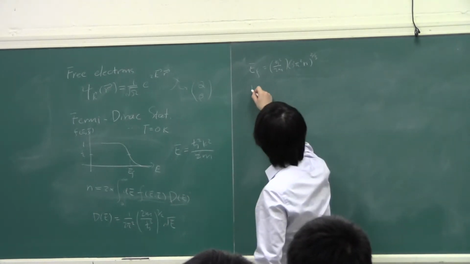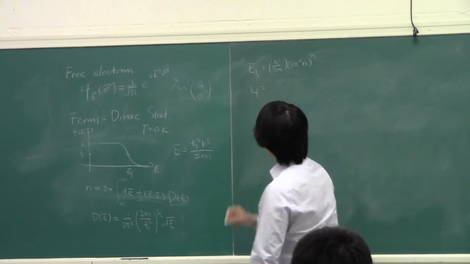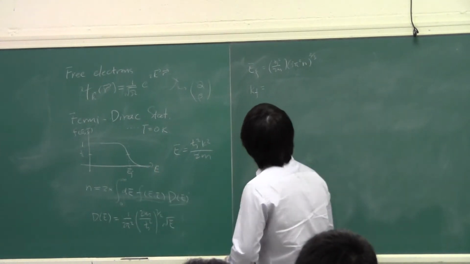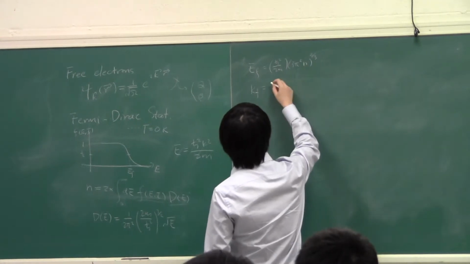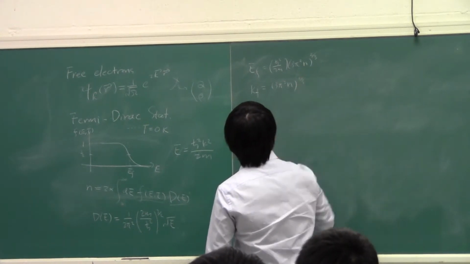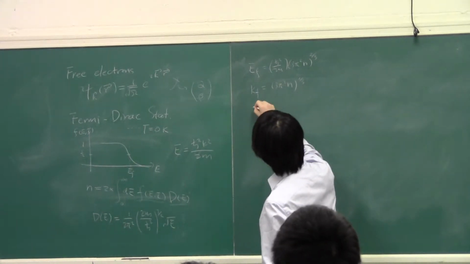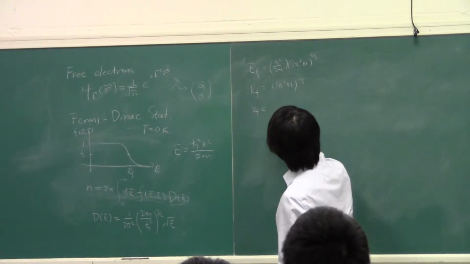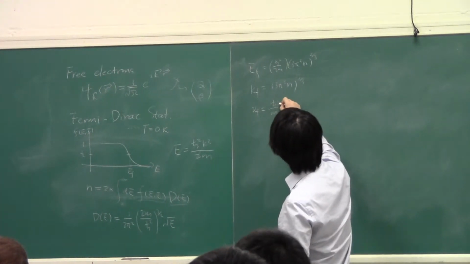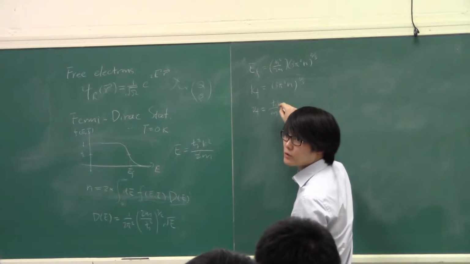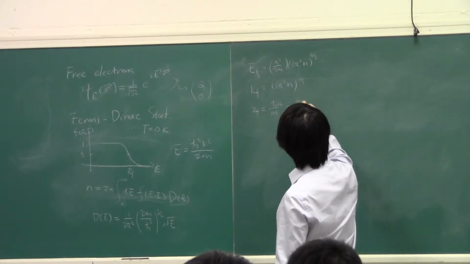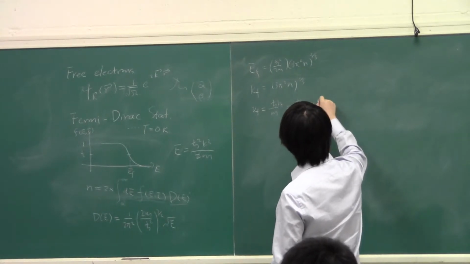So there's the Fermi momentum, okay, which is the momentum of this electron. And this from here clearly is equal to 3 pi squared n to the 1/3, and then we can find the Fermi velocity, which is equal to h bar over m. Okay, so you want h bar kF to give you the momentum, the true momentum, divided by m. So this is going to be h bar over m times 3 pi squared n to the 1/3.